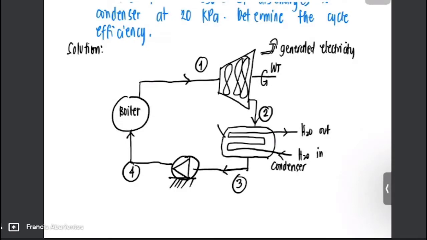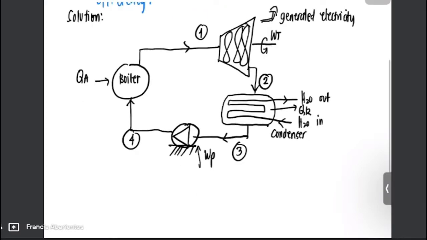So, meron tayo dito, heat is rejected. Ay, mali yung arrow. Ito na. So, heat is rejected. While here, we have the work of the pump and heat added at the boiler. So this is the first. This is the schematic.